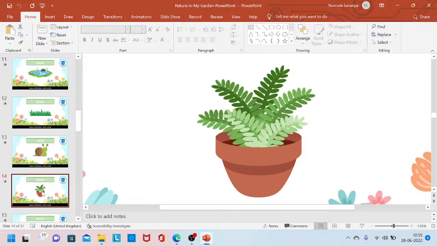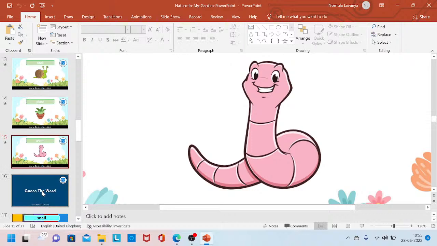Come on. Yes, what is this? This is a worm. We see worms in the garden, very small worms moving here and there, because they will be eating leaves, right? We see many worms in the gardens.